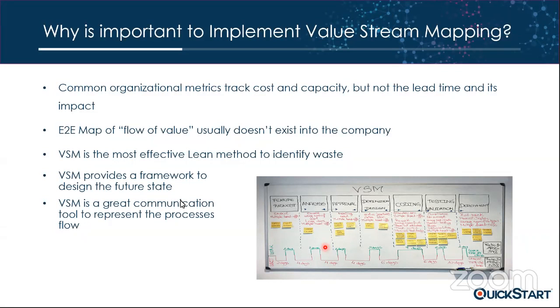Again, it's really a flow of value that usually we don't have in all companies. And the other good news is that it's not really hard to implement. The difficulty in implementing the value stream mapping, and we'll see that, is to have all the required and main stakeholders on board to create this.